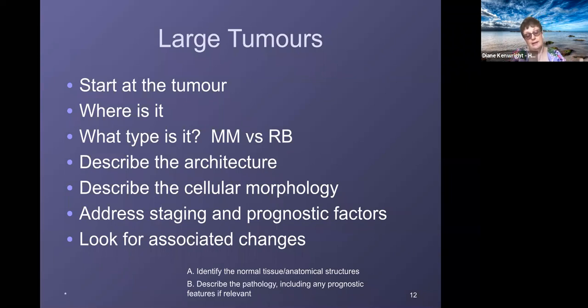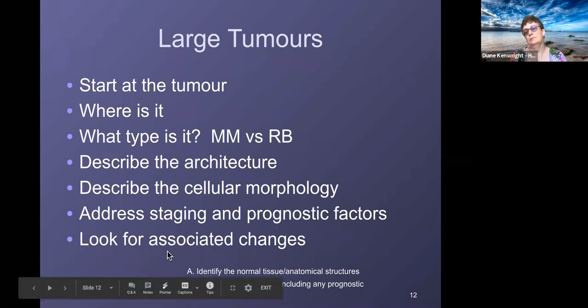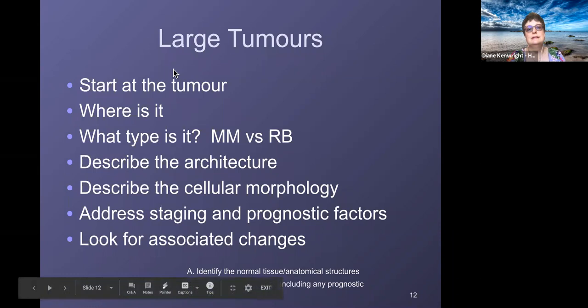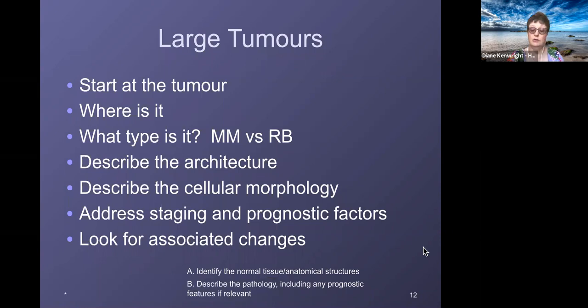You have to know about optic nerve invasion, scleral invasion, invasion of the nerves and vessels in the sclera, that neovascularization is often associated on the iris with tumors, and that tumor in the trabecular meshwork has a poor prognosis. So you actually need the book work of knowing what the prognostic factors are to go and look for them. Then we look for associated changes like the subretinal exudates, which aren't a prognostic factor but are there. So this is the schema for looking at a tumor, and we'll run you through this lots.